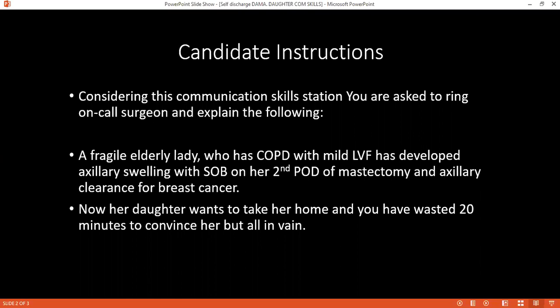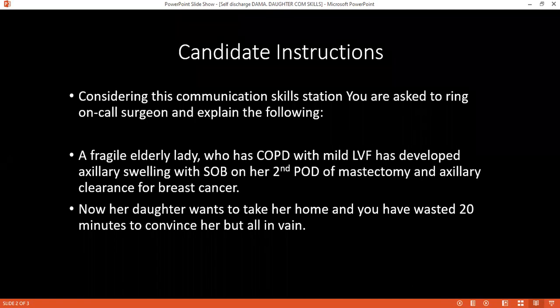Okay, doctor. Has the daughter persuaded her in making this decision, or did the patient make this decision herself? It is the daughter that is persuading the mother, because she believes that they live far from the hospital and it's difficult for her to be coming to see her mother, and she believes that she will take care of the mother more at home.